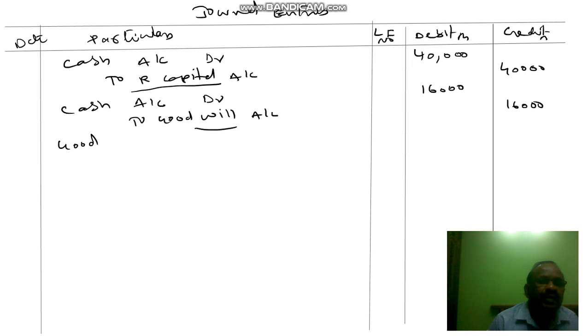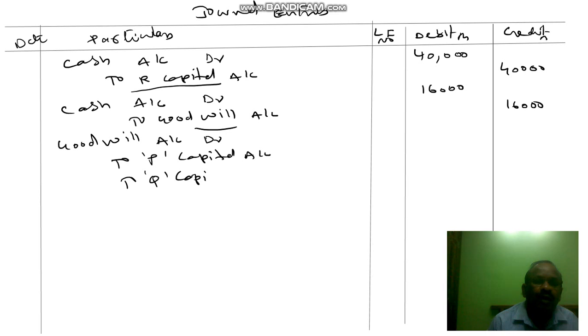For that we will write the entry: goodwill account debit to P capital account and Q capital account. Already we calculated the sacrificing ratio, P is 1 and Q is 3, so that is 4,000 and 12,000.